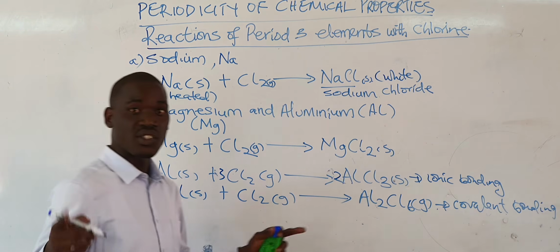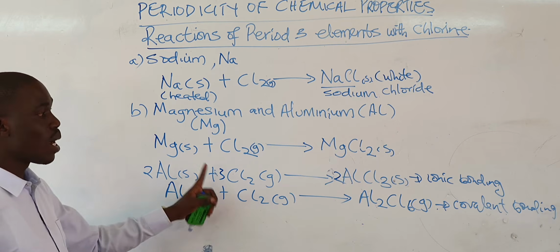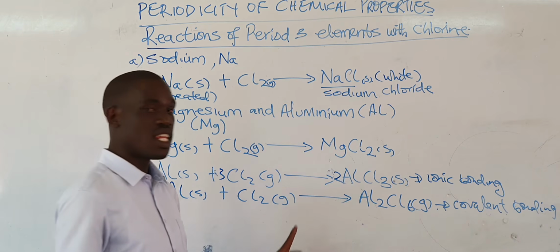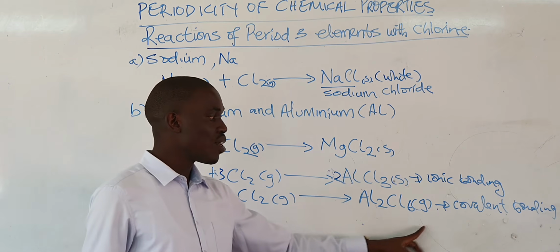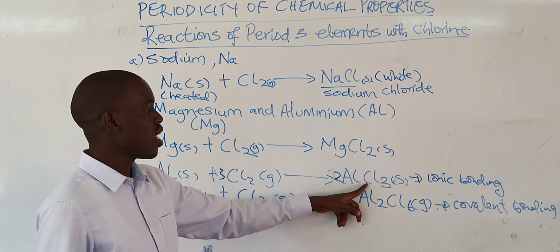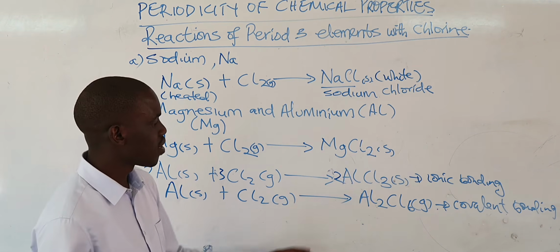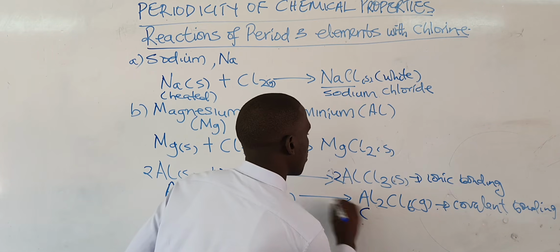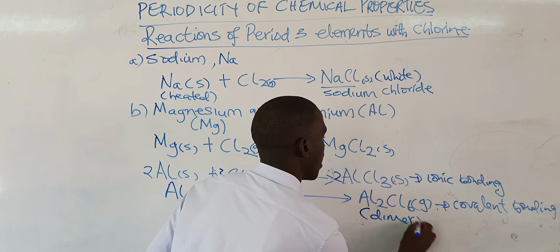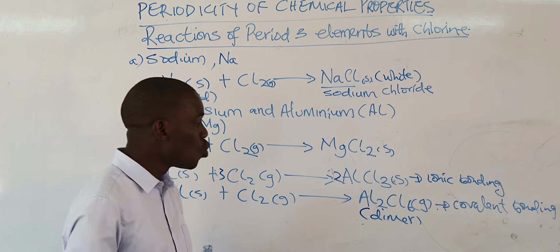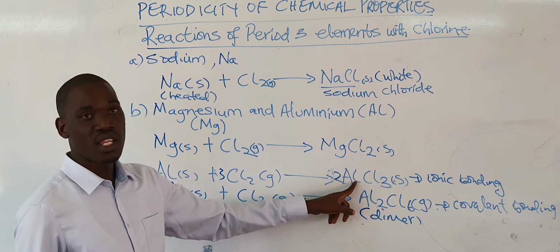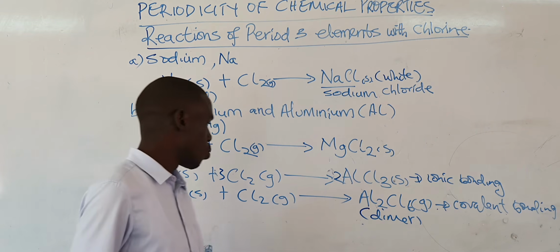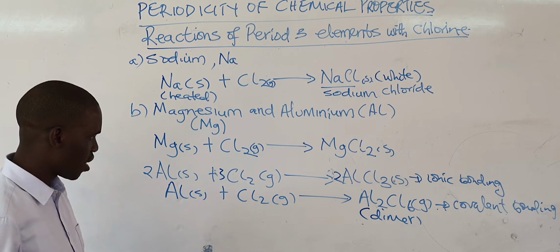So we can have two kinds of bonding formed when aluminium reacts with chlorine: one having ionic character, and the dimer having covalent character. A dimer means two molecules of aluminium chloride combining to form this compound.